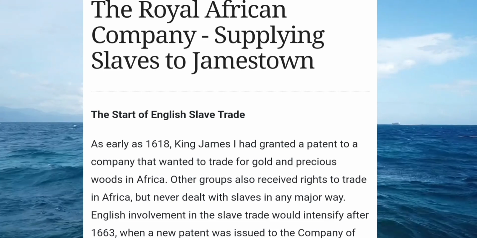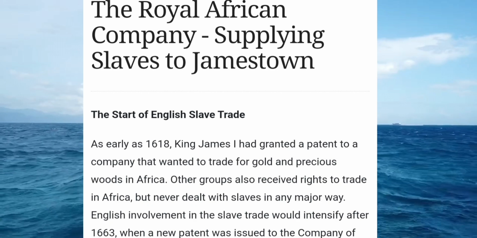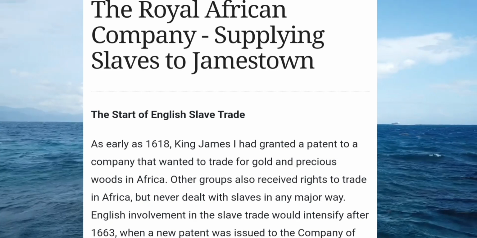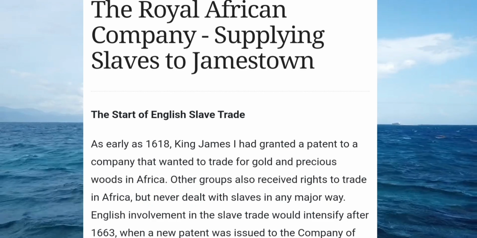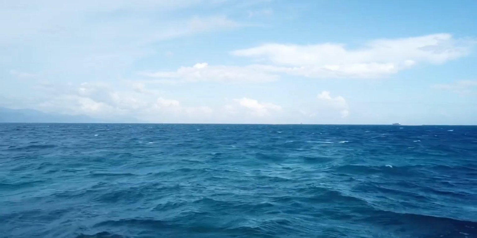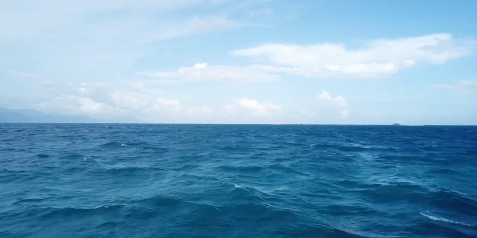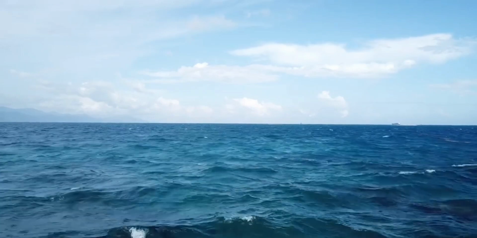English involvement in the slave trade would intensify after 1663, when a new patent was issued to the company. So during King James' time, the Royal African Company wasn't doing the whole slave thing until 1660, 1663. So it's important to get that understanding.